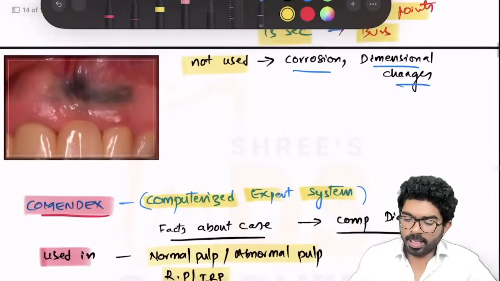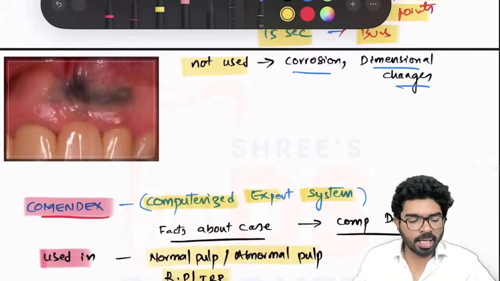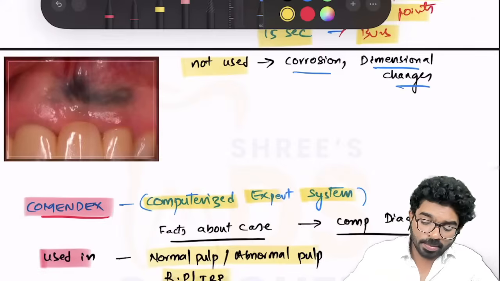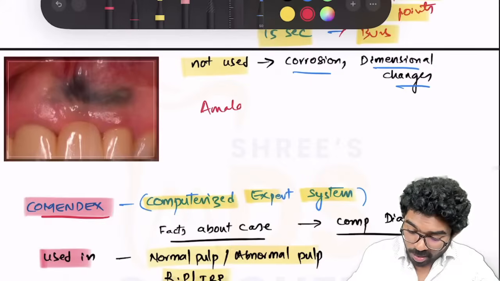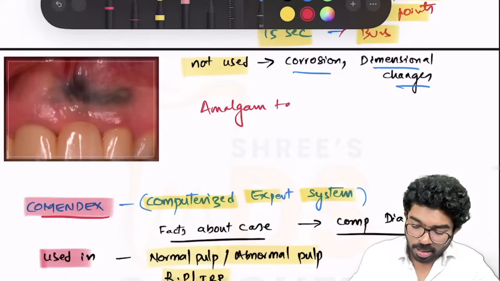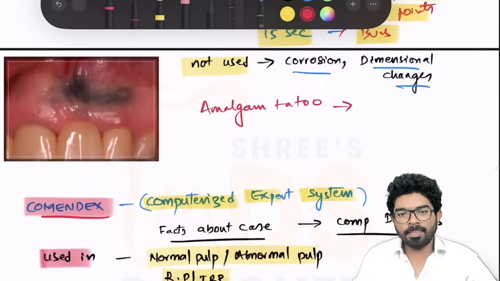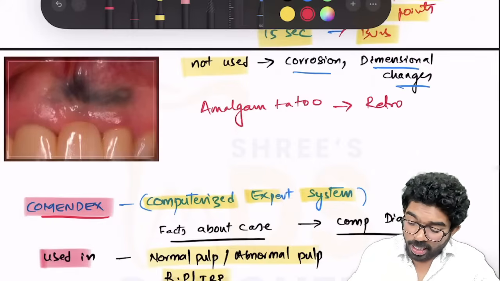Then the next one: in the anterior area on the buccal vestibule, you can see a blackish discoloration. This is called an amalgam tattoo. The probable reason could be that they used amalgam as a retrograde filling material.